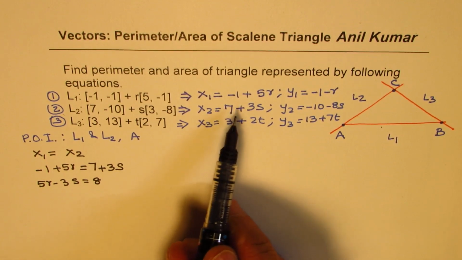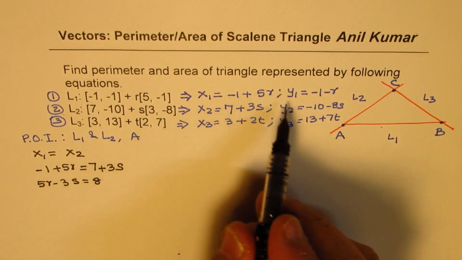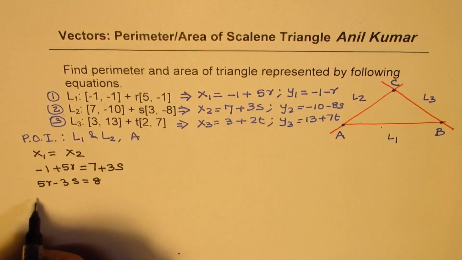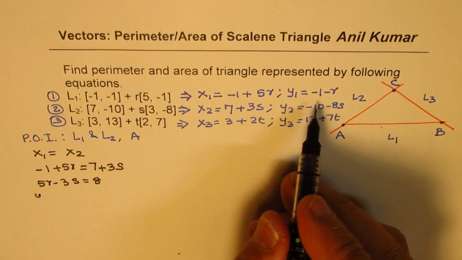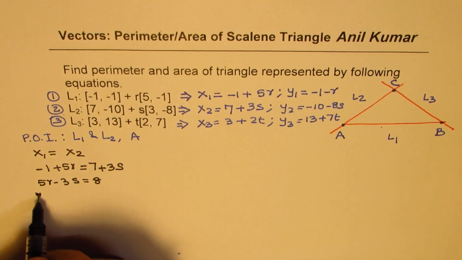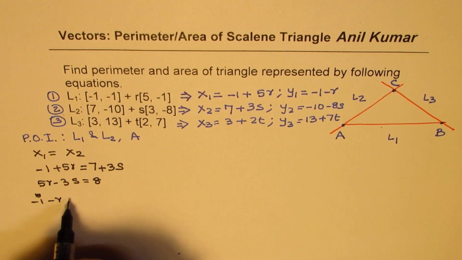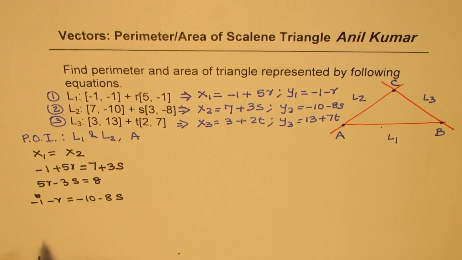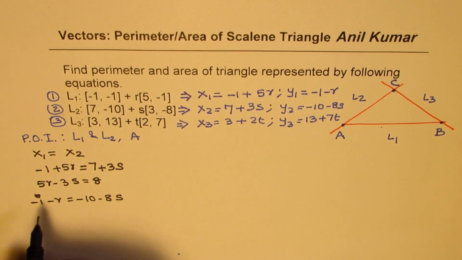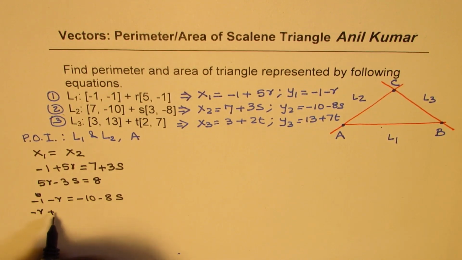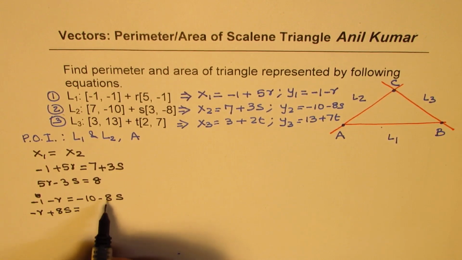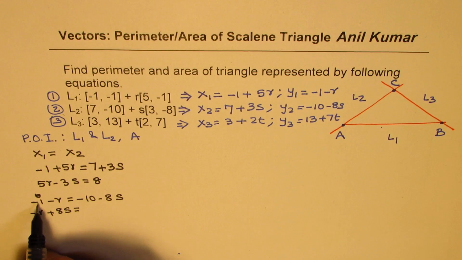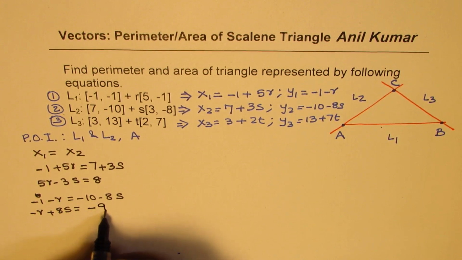Okay. Now for the y values, we have -1 minus r is equal to -10 minus 8s. Now bringing this to the right side gives us minus r plus 8s is equal to, taking 1 on this side, minus 9.